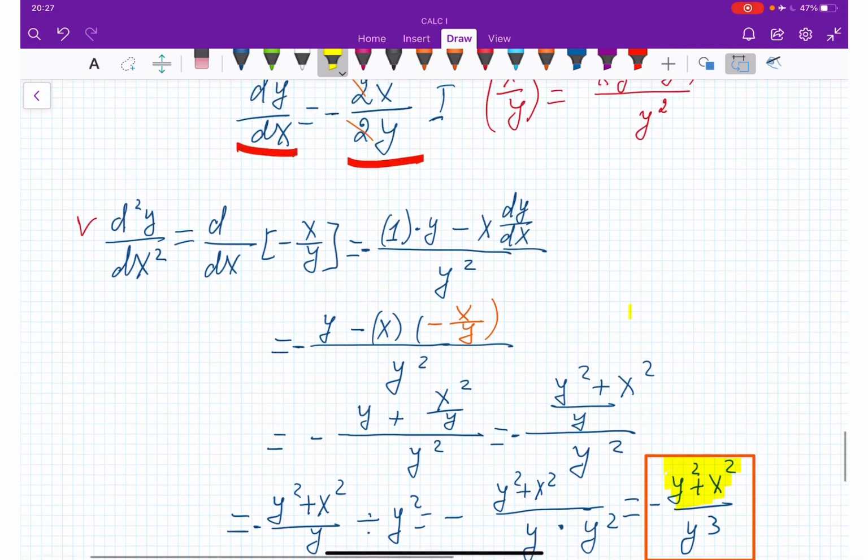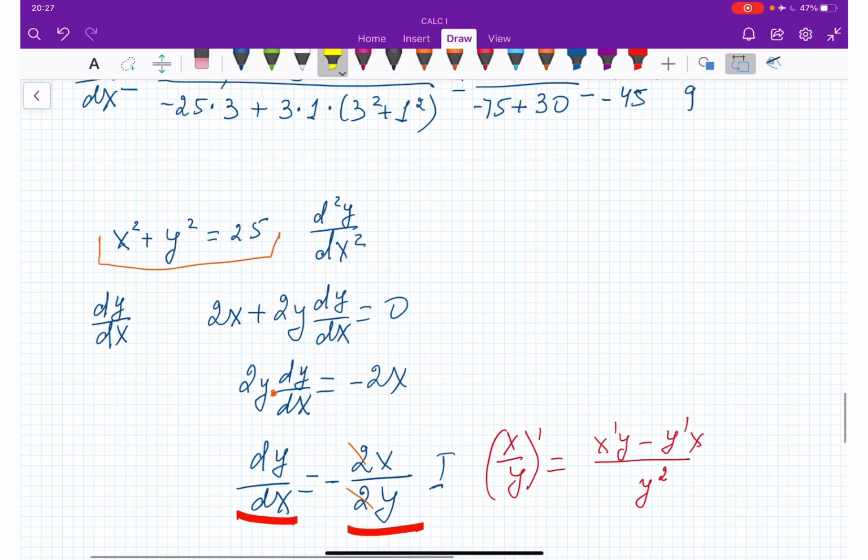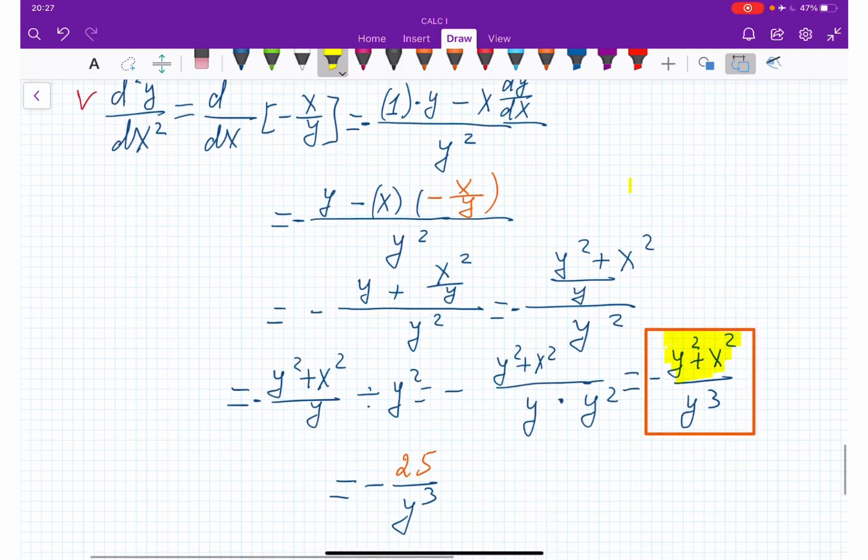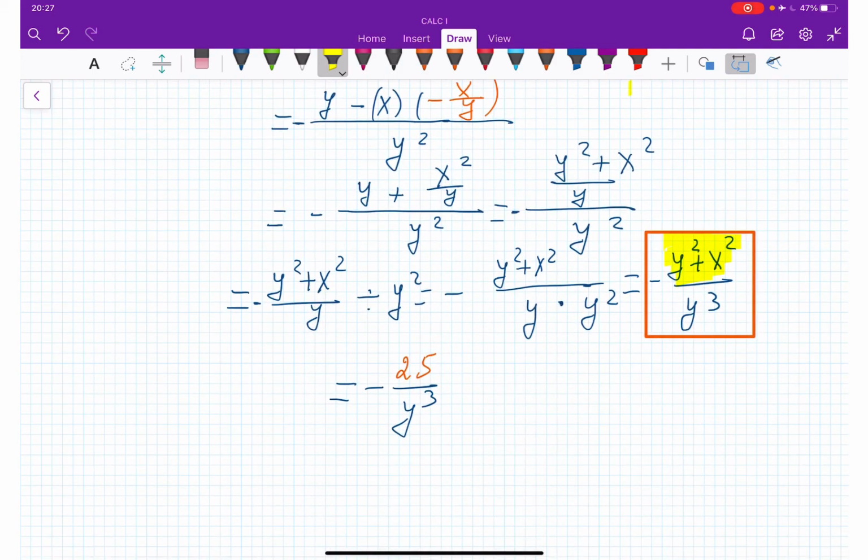So when I'm looking at the original problem, here it is, x squared plus y squared is equal 25. I just replaced y squared plus x squared with 25. And I got second derivative, d squared y over dx squared is equal negative 25 over y cubed. Okay?